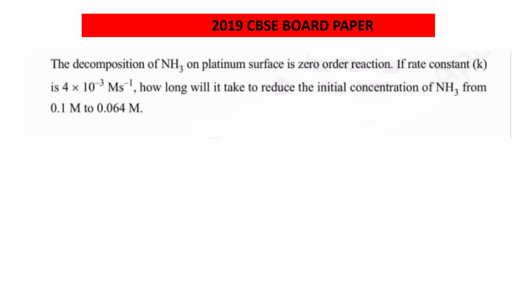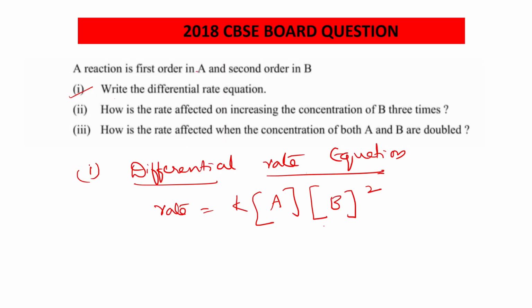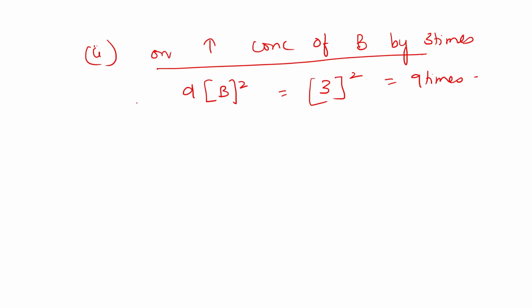Sorry, they said one more thing. Find out the third one. How is the rate affected when the concentration of A and B both are doubled? So let us take that. Now the concentration of A and B are doubled.